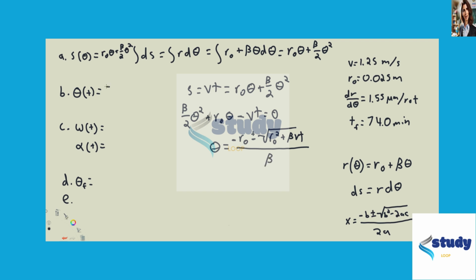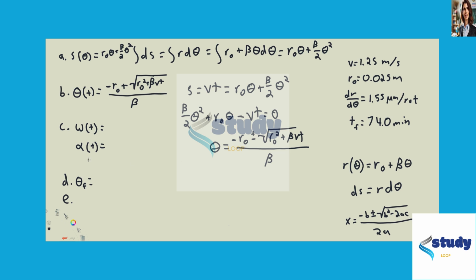There's our answer. We're supposed to choose one of these, plus or minus, and we're going to choose the positive version, because otherwise theta would go down as we subtract t. As t goes up, theta would go down, but we know that theta is increasing, so we choose the positive: theta equals minus r naught plus the square root of r naught squared plus beta vt, over beta.